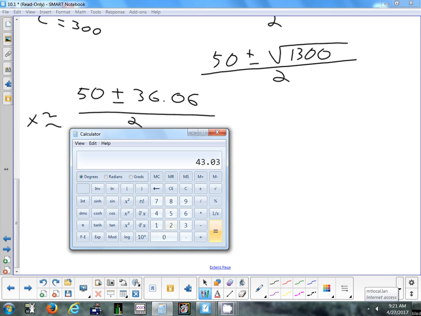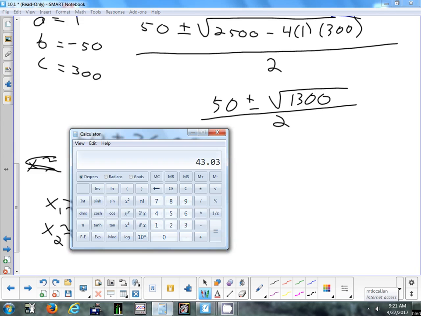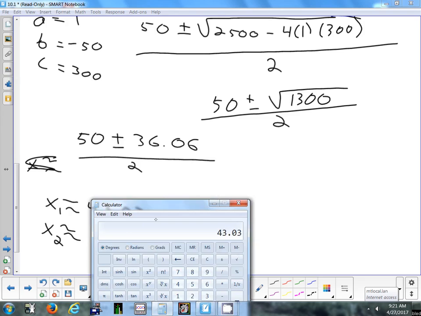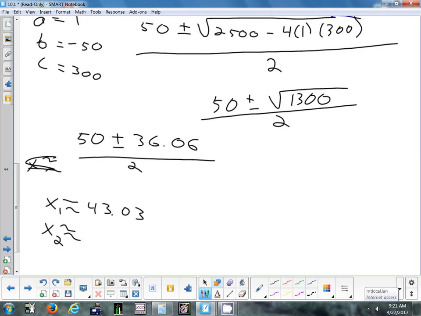Okay, so one answer is 43.03 for x, and the other answer, we'll call it x1 and x2, is 50 minus 36.06, and divide by 2. We get 6.97.